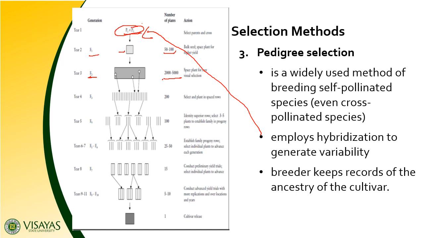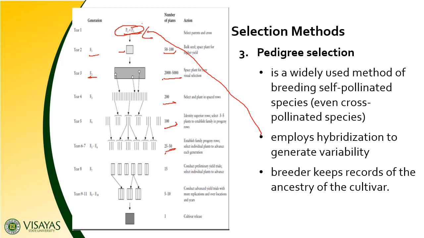And then in the fourth year, you have to select plants. So 200 plants from the 5,000. So you select 200 superior plants. Then after that, you have to select down to 100 superior individuals. And then for the 6th and 7th year, you choose from 100 and close down into 50, or 25 to 50.